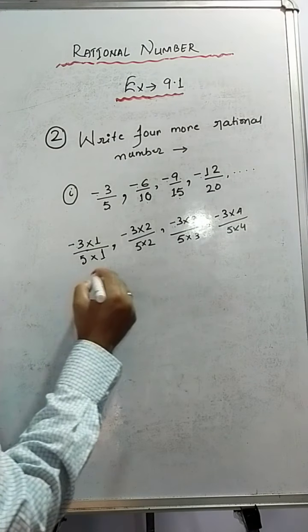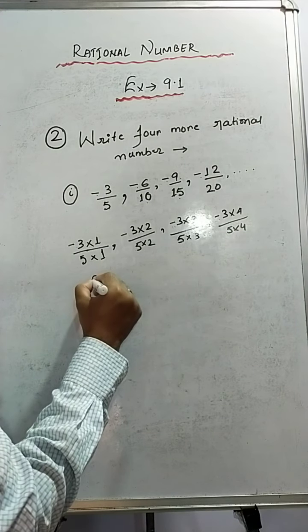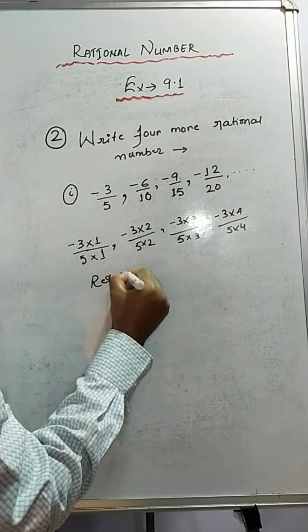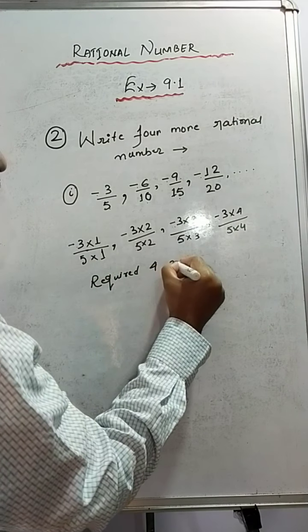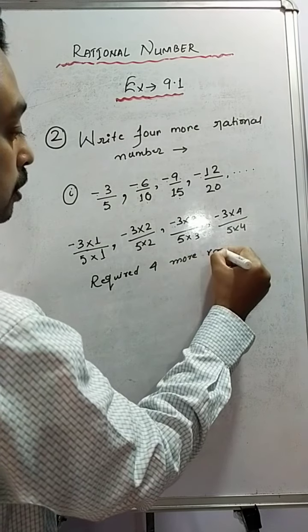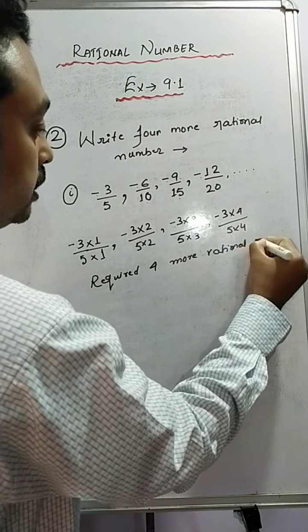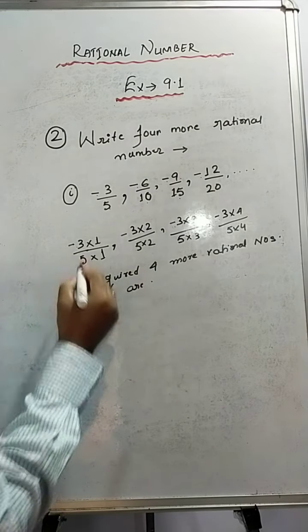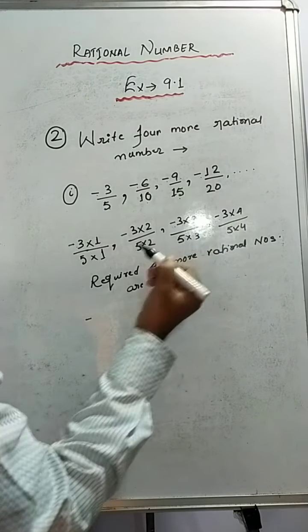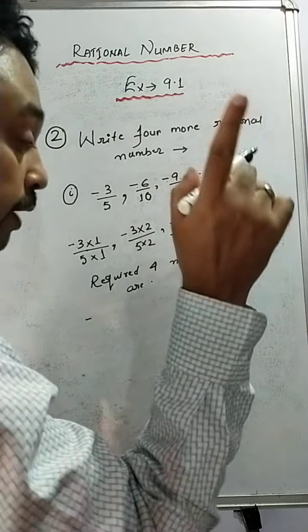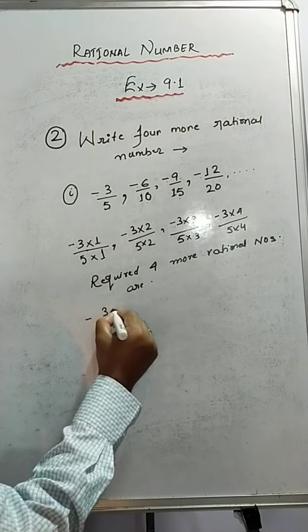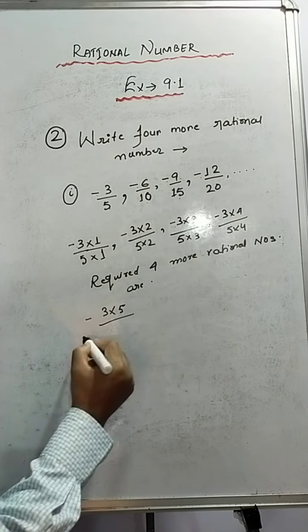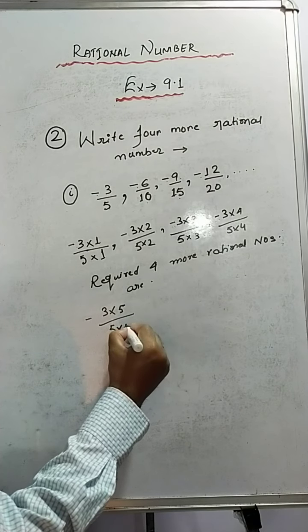Fine. So you will write: required 4 more rational numbers are, okay, what was the first one? That is after 4, with which digit we have to multiply now? With 5. Absolutely right. That is minus 3 into 5 by 5 into 5.